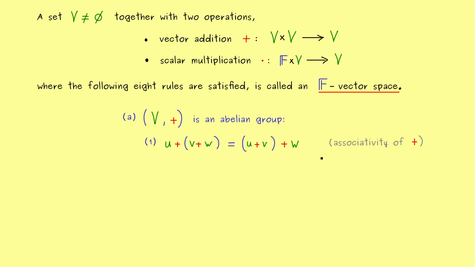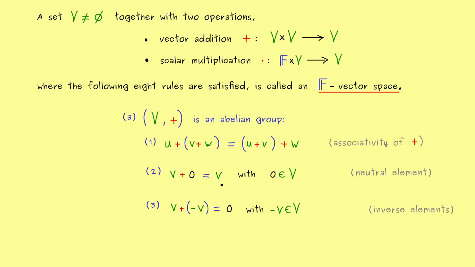More precisely, the first property of a group is associativity. This means if we take elements u, v, w from V, we can exchange the parentheses like that. Okay, moreover, you might also know the second rule is that we have a neutral element with respect to the addition. Of course, this is then what we call the zero vector in our abstract vector space. And then, with respect to this neutral element, we also find inverse elements.